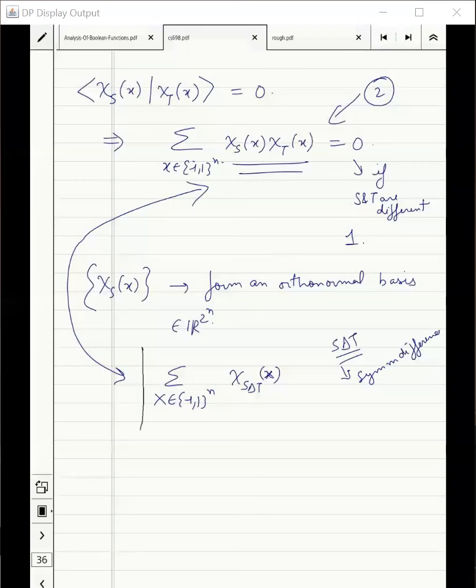This is the quantity which I want to come up with, and I know that S and T are not equal. That means the symmetric difference is not empty. There's at least one variable here. Now, what can I say about this value? How can I show that this is 0?